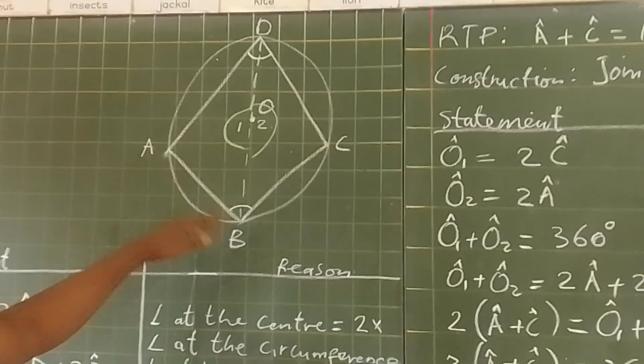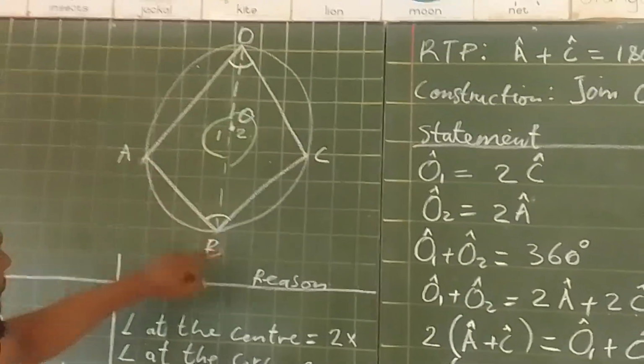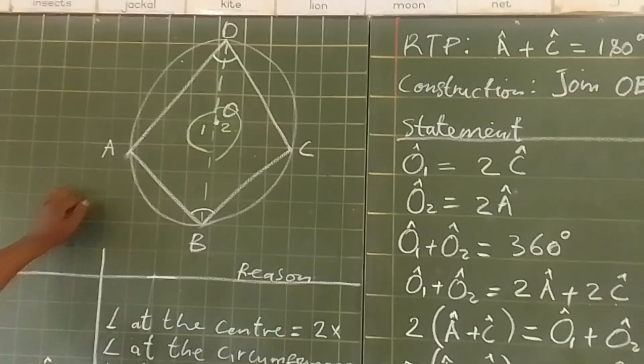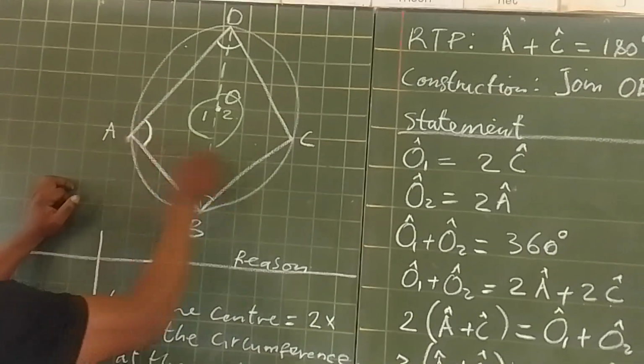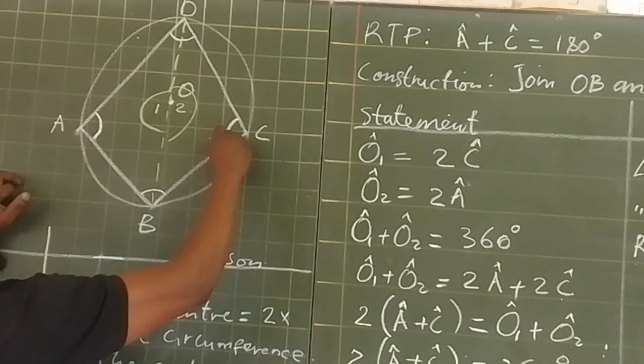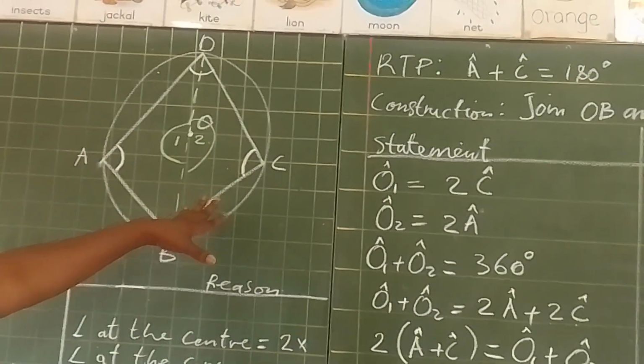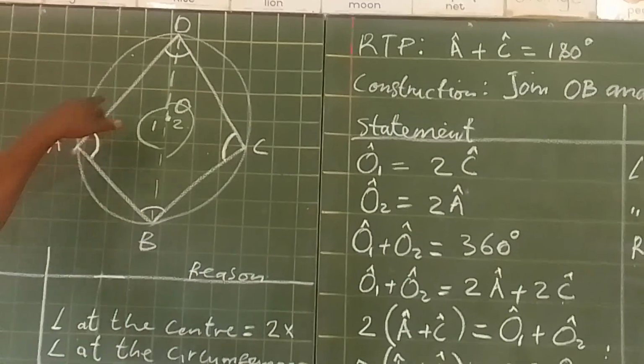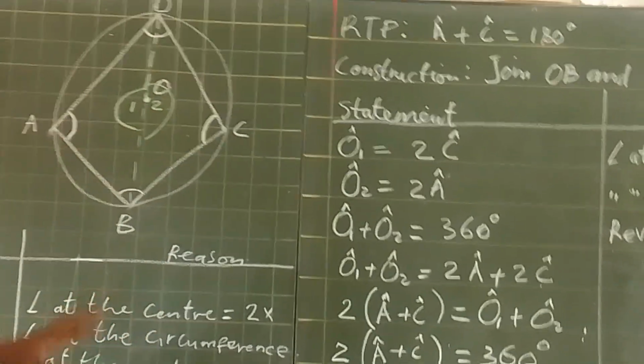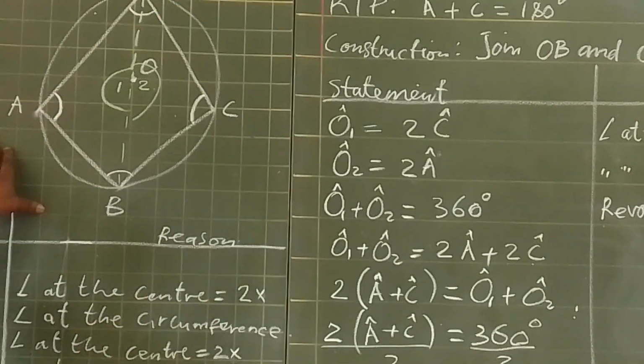Supplement means 180. When you add angle D and angle B, you get 180 as much as when you add angle A and angle C. You must get 180. That means A, B, C, and D are cyclic quadrilaterals.